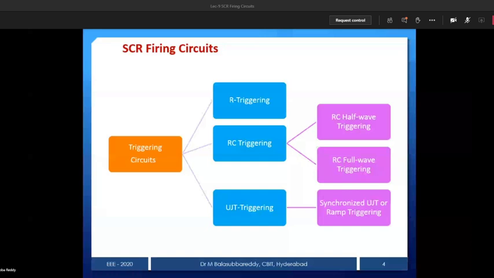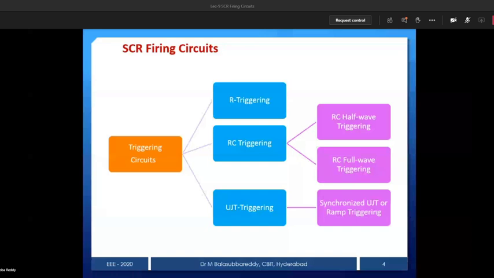Is it clear? A very simple way is the resistance triggering method, by which you can fire the device at different instants of time, but we have some drawbacks in that. Then we'll go for RC triggering, where we can overcome some drawbacks, and so on.